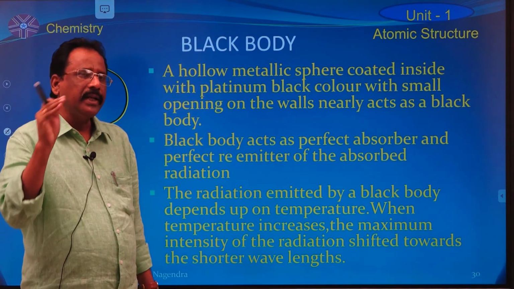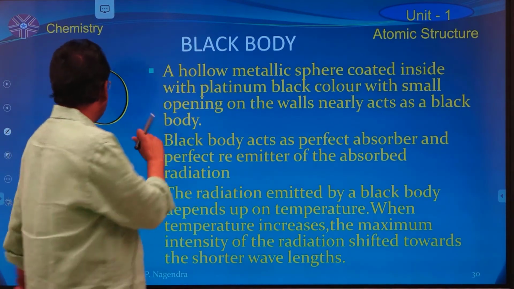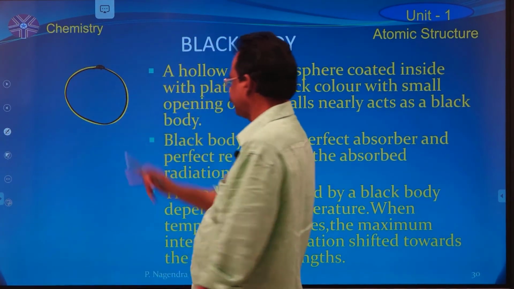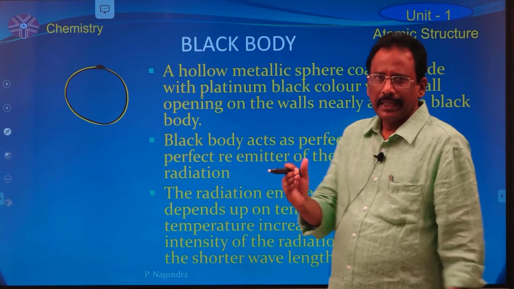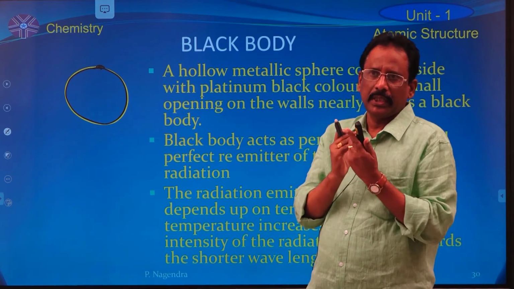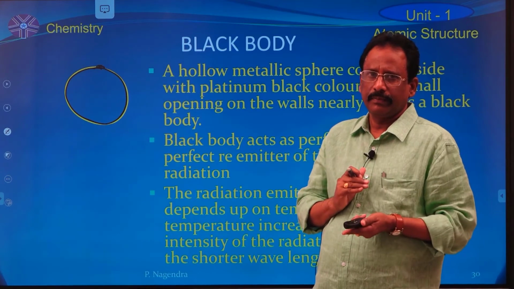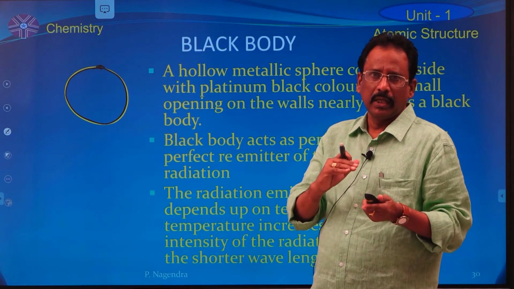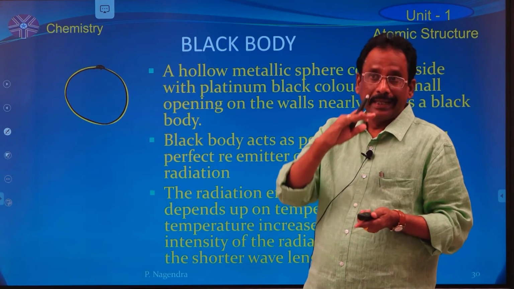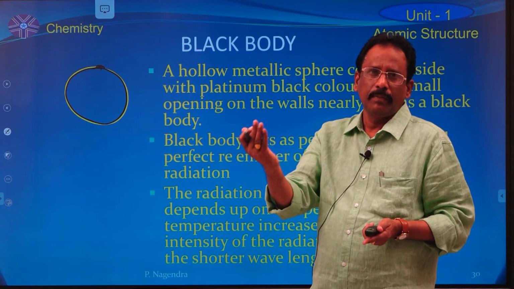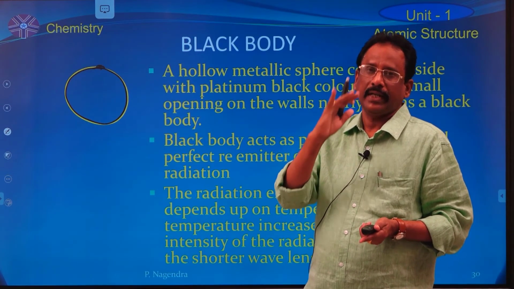If the same radiant energy falls on this type of black body, that body completely absorbs the incident radiation, and it also re-emits the absorbed radiation perfectly.